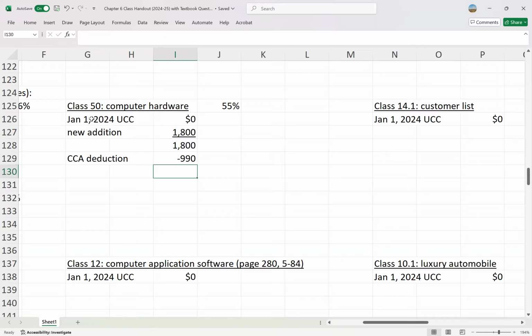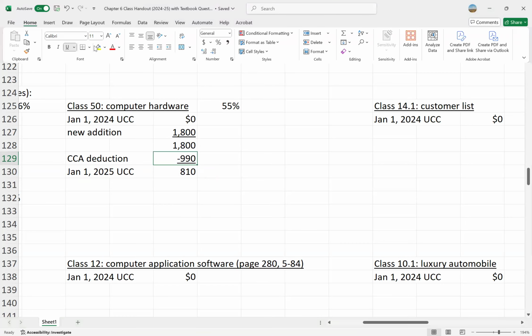So that's going to be 990. And then the balance going into next year will be 810. And once again, let me just highlight the amount of CCA we get to deduct, 990, so we can keep track of that. I'm going to do the customer list next.